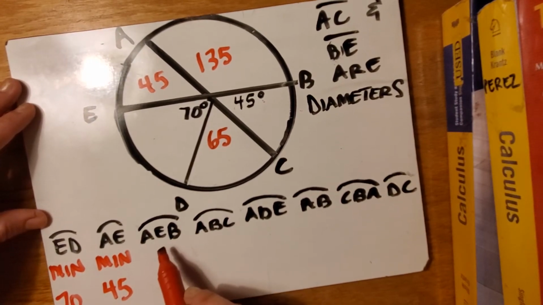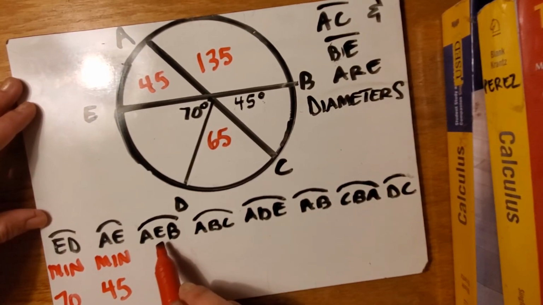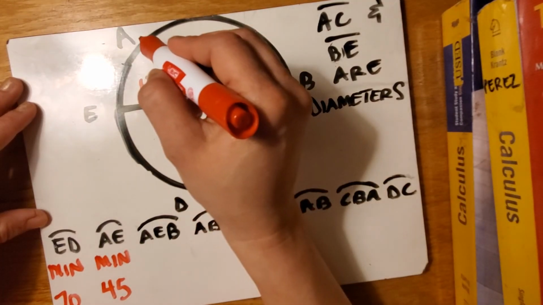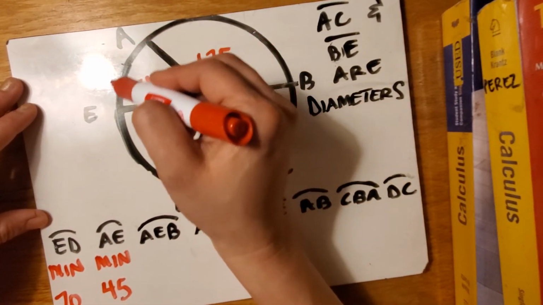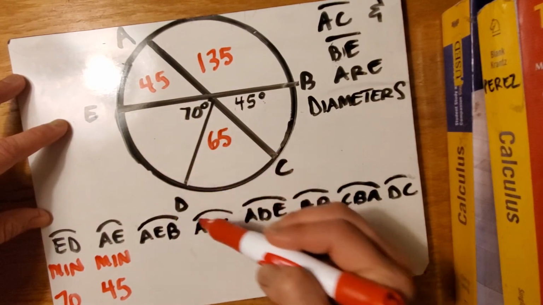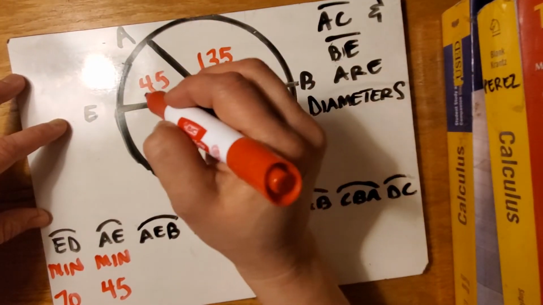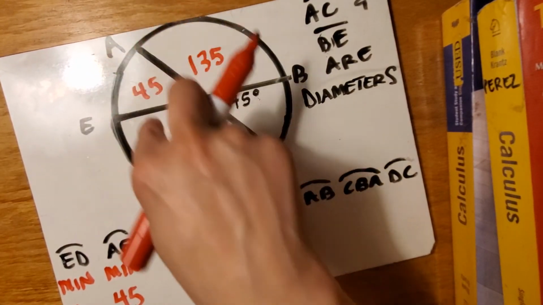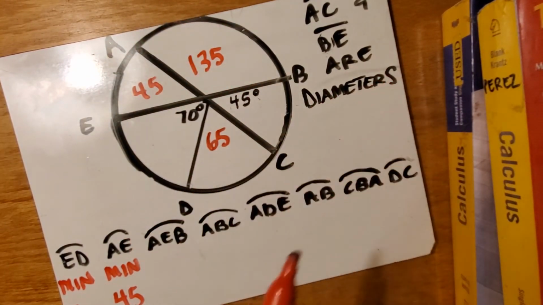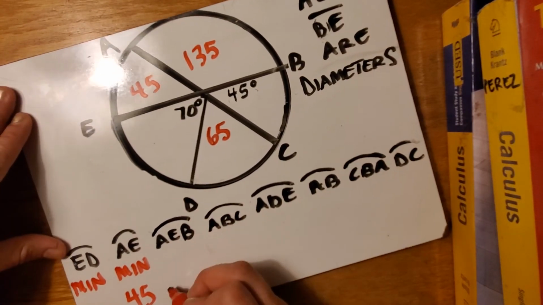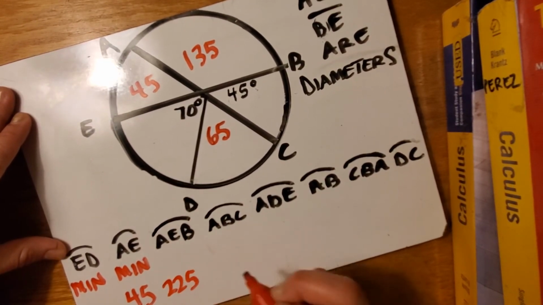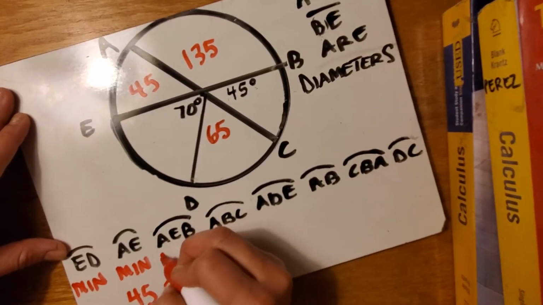AEB means it's either a semicircle or a major arc. This one tells me I have to go through E first, then to get to B. So I'm going to take these four sections and add them together. 45 plus 70 plus 65 plus 45 gives me 225 degrees for that major arc.